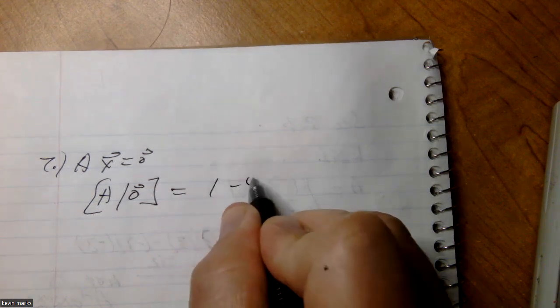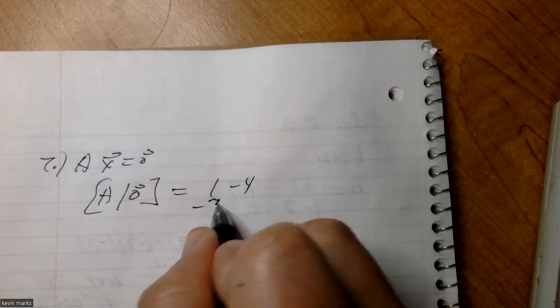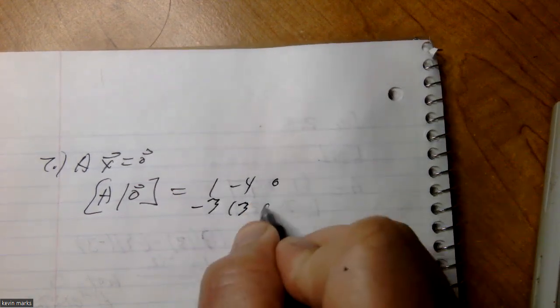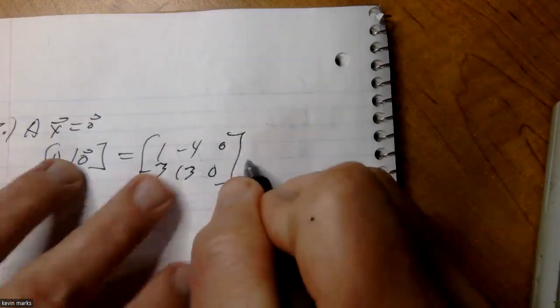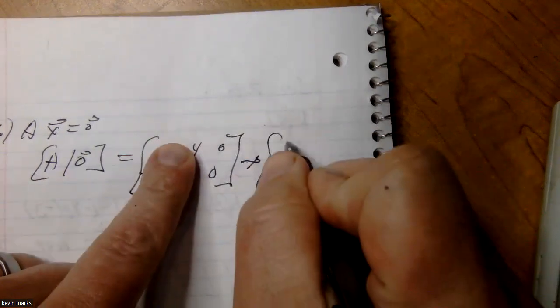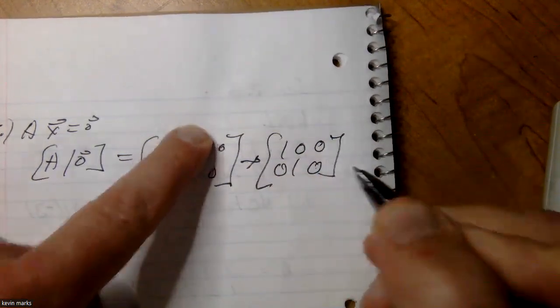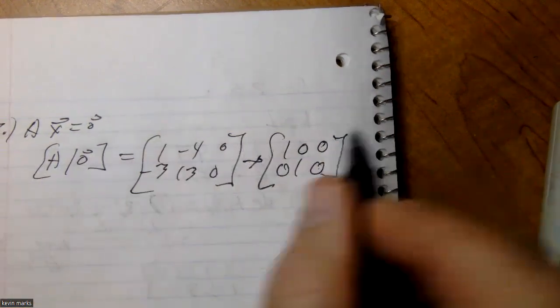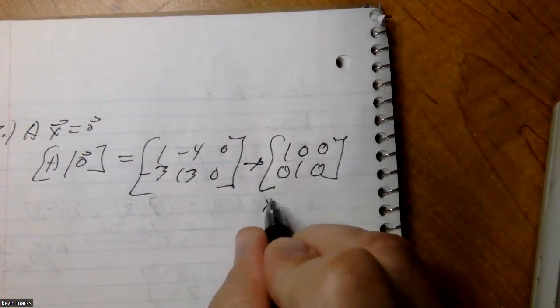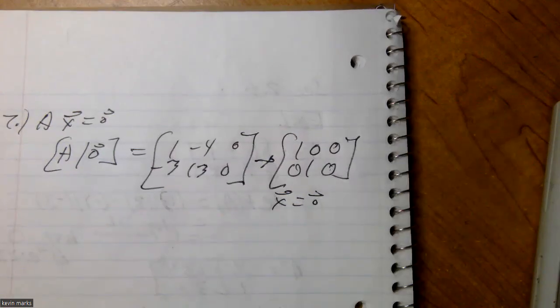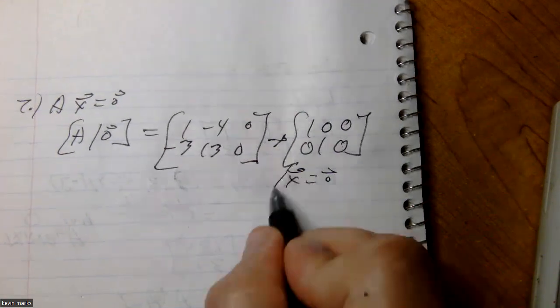So this is 1, -4, -3, 13, right? And then you could augment with the 0 matrix without doing any work. We already know if I row reduce this, this is going to turn into the identity. And no matter what row operations I use, these are all zeros. This is never going to change. So what does that mean? You indeed have a unique solution, 0, right?